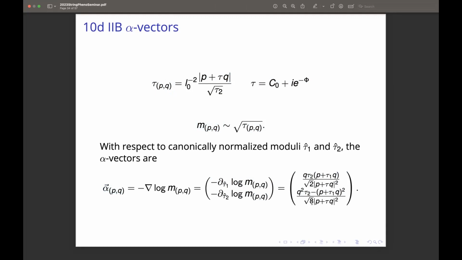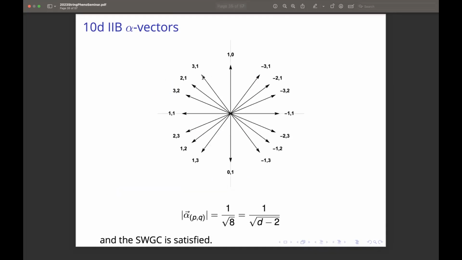So I can plot these PQ strings at the point, I guess, tau equals i. And here are some of them. All of these PQ string oscillators have length precisely 1/square root of d minus 2. And you can see that the scalar weak gravity conjecture is satisfied, because the closure of the convex hull of all of these contains the disk of radius 1/square root of d minus 2.